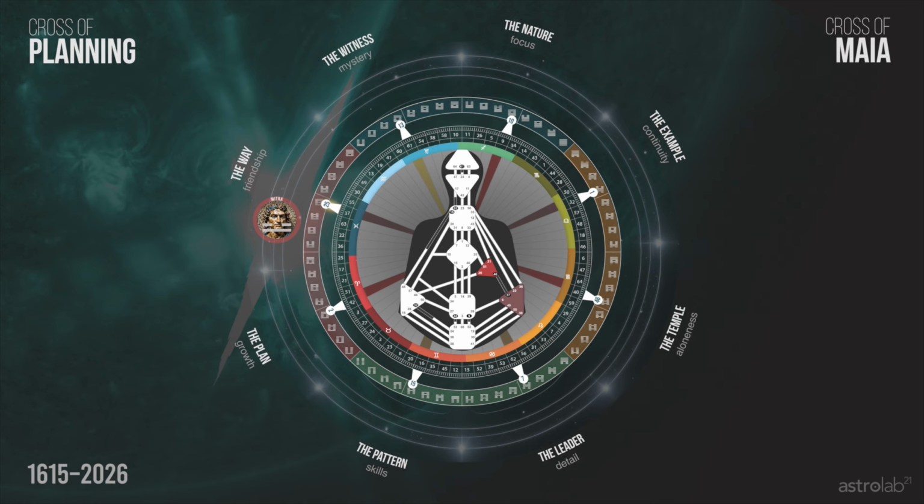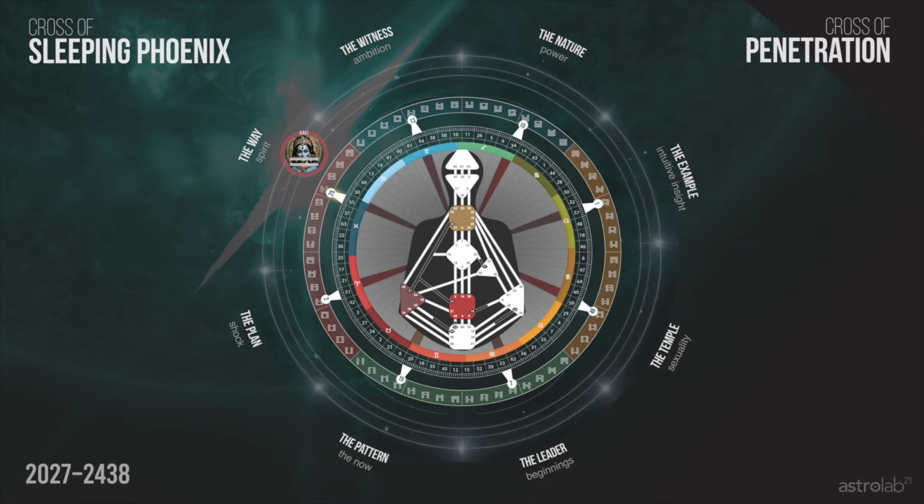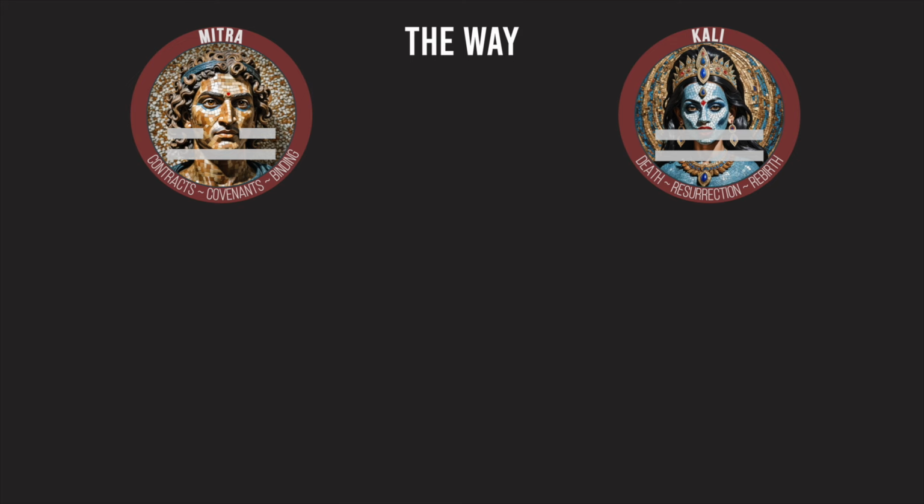Not that this is that, but there is structure, and I think this probably programs some sort of structure into the whole thing. But what does it mean now to shift from Mitra to Kali? That's a pretty good question, and that's the way. So the way is changing. Let's look at what we might discern from a shift in godheads, not just gates, but godheads.